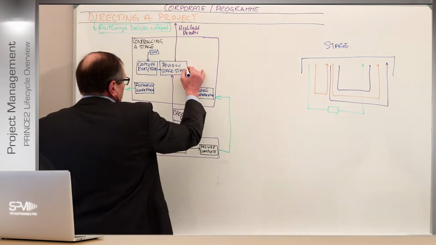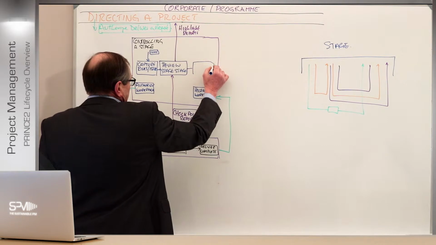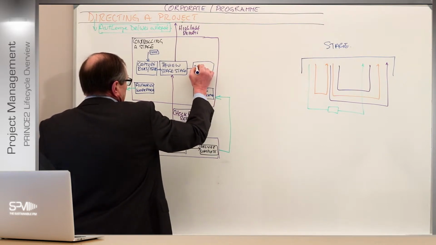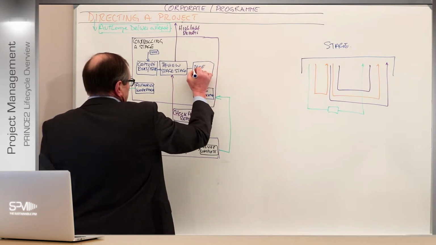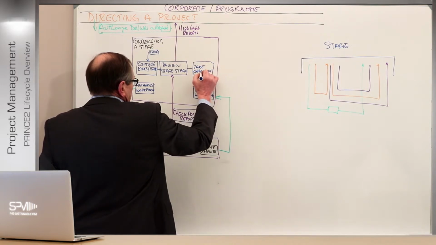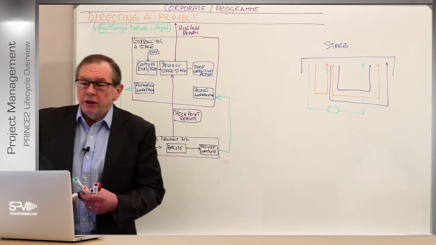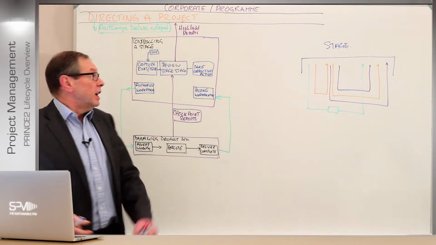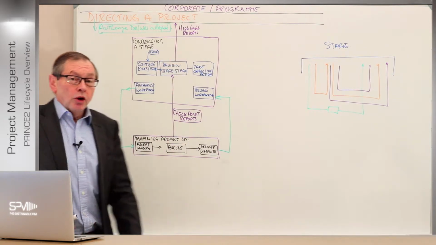And what will happen then, of course, is the PM needs to take corrective action. Now, what does that mean at this point? Well, the first thing is, of course, the corrective action depends on what the situation is.